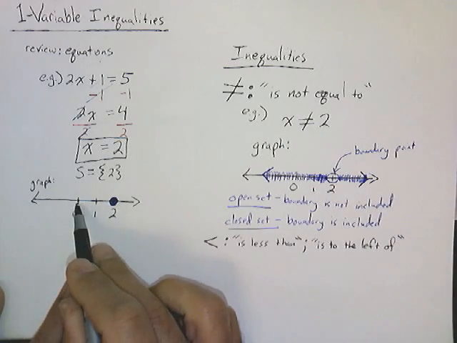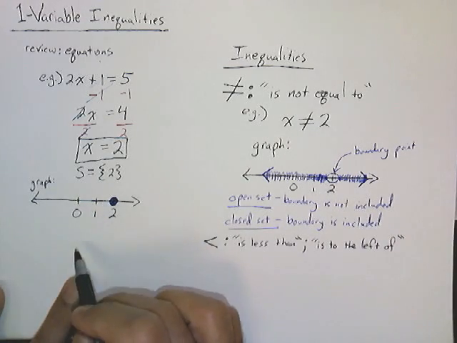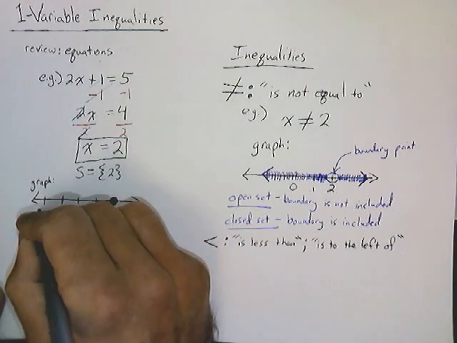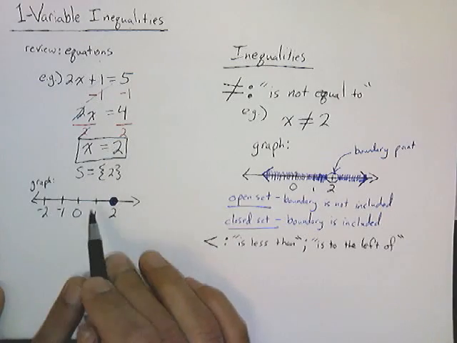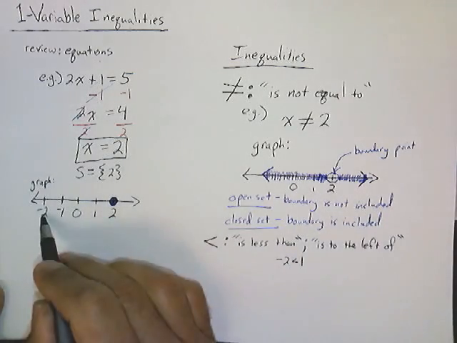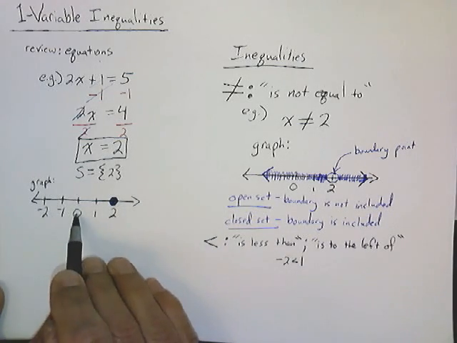Because smaller numbers, of course, 0 is less than 2, 0 is to the left of 2 on the number line. Whereas if you went down here, say like -1, -2, -2 is still less than 1. Even though, in absolute value, the distance that -2 is from 0 is greater than the distance 1 is from 0.